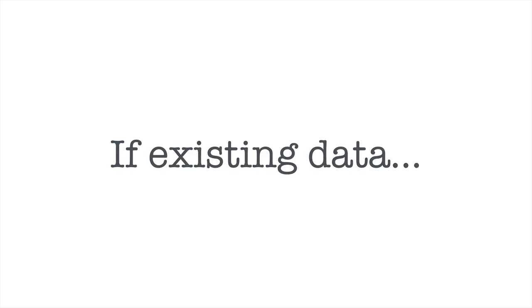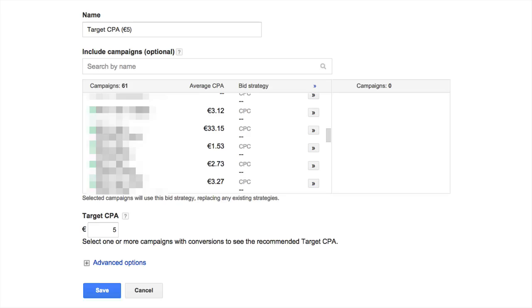Now, if you've got existing data in your account, when you go and set this up, you will see the average CPAs for your existing campaigns. And obviously, if you wanted to, you can apply it, which is this include campaigns optional section, at the same time that you build the strategy, but you can only apply it to the entire campaigns at this point. If you want to apply the target CPA to individual ad groups, then you'll want to do what I've done here.